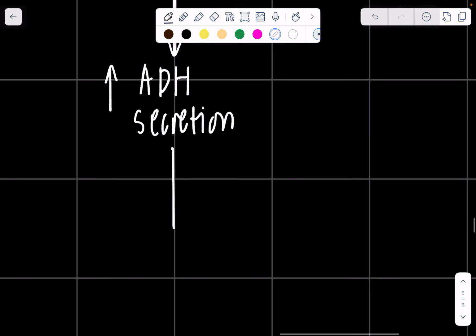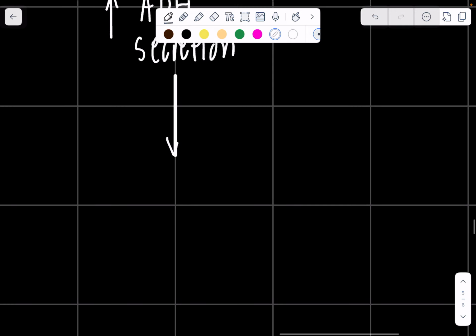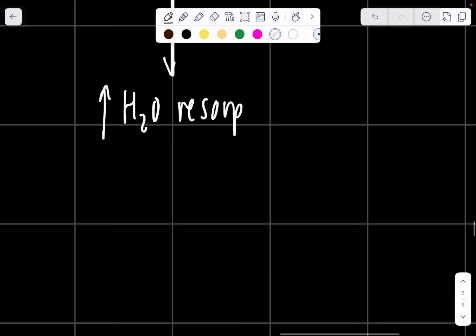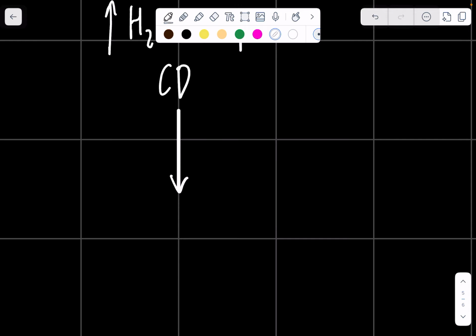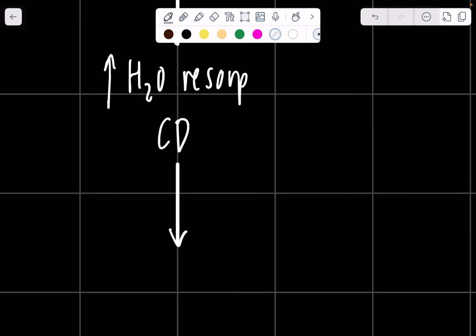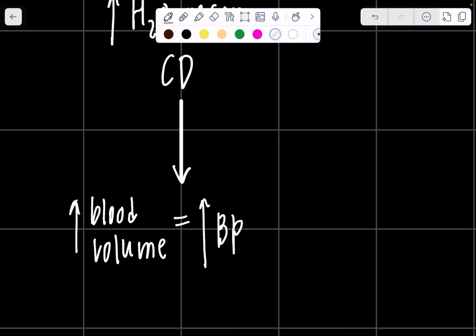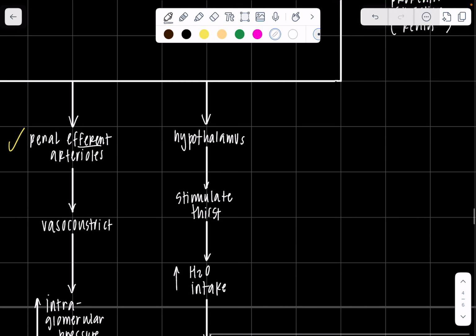And that antidiuretic hormone is what allows us to increase how much water we are absorbing from our collecting duct. And kind of like what we saw in the kidneys earlier, if we are absorbing more water, it helps us to increase our blood volume. And then again, because of that proportional relationship, it allows us to increase our blood pressure.